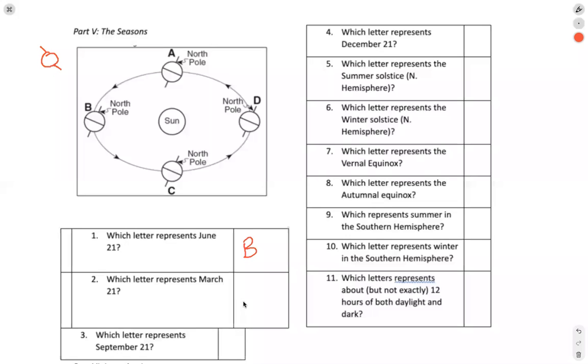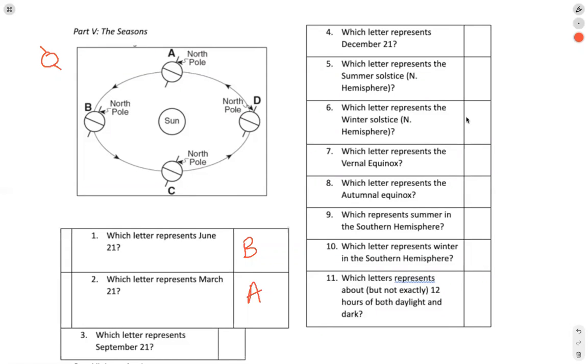So which one would be March 21st? A. Because on your doodle notes, it's C, so it's opposite here. It's A. And then let's look at 5.